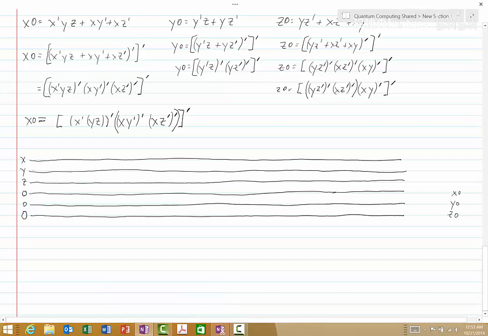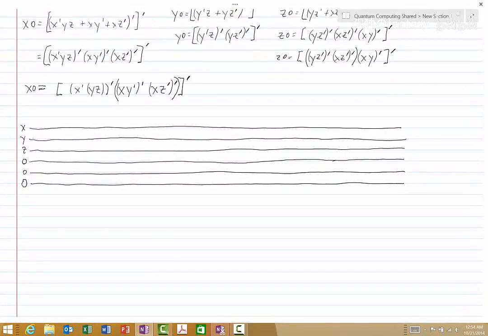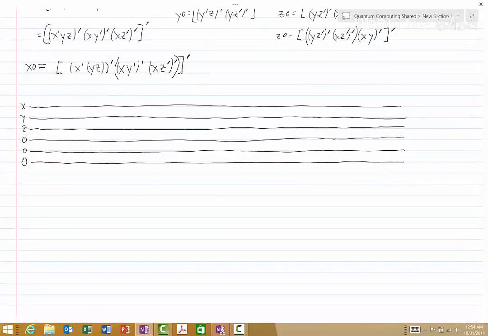Okay, let me make a couple of changes here. After looking at this in more detail, I think it'll be more convenient if we put our work lines or scratch lines, whatever you want to call them, immediately below our input lines, and then put our output lines at the very bottom. Now, I'm not sure how many of these scratch lines we'll need.